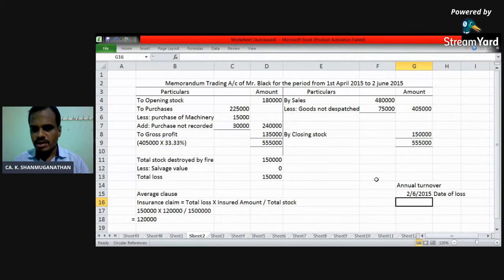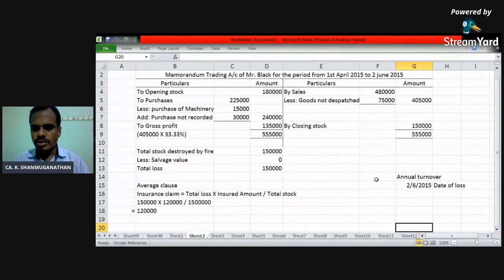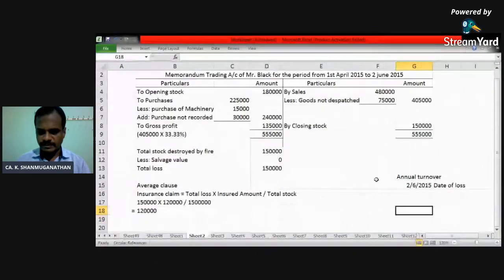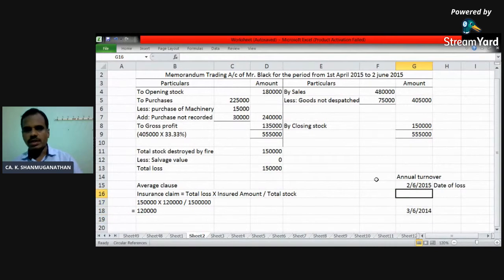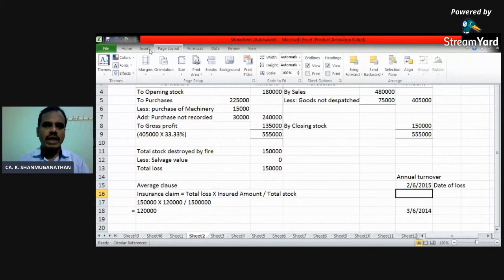So it will start on 2/6/2014, or you can even say 3/6/2014. One day nothing will happen. 3/6/2014 to this period. This period we will be calling the annual turnover.